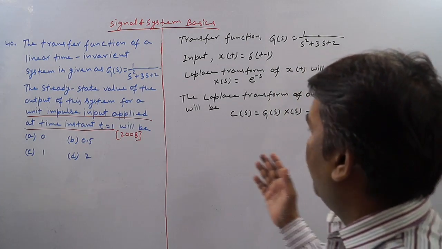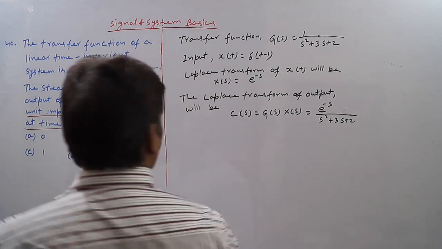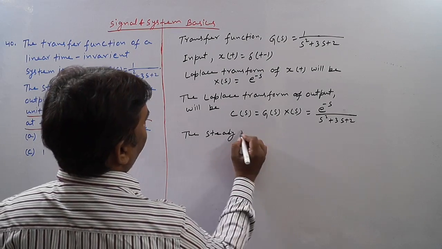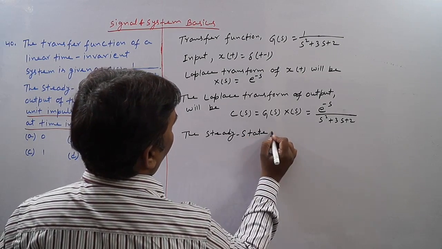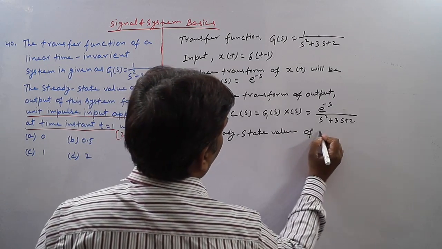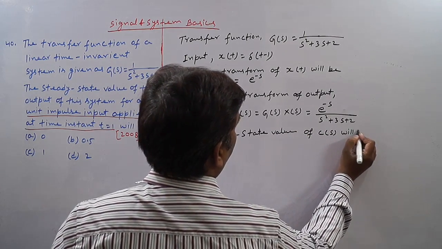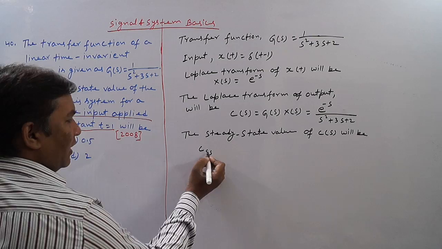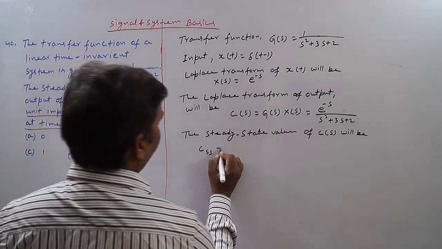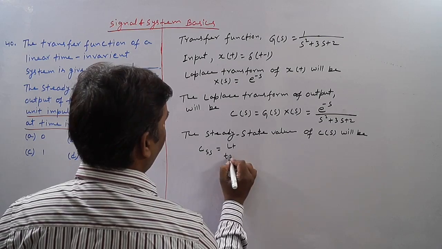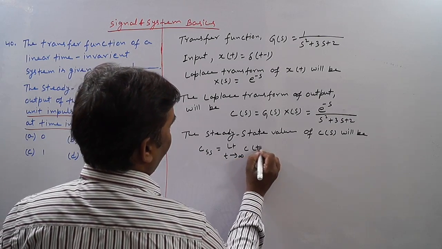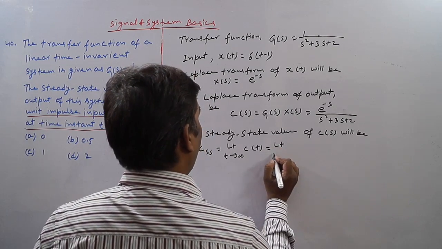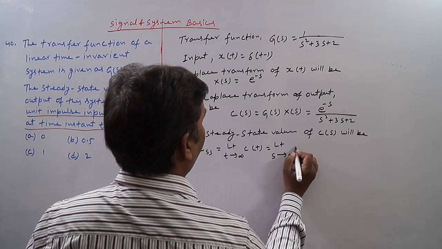So the steady state value of C(s), or we can say output will be c steady state, that will be nothing but limit t tends to infinity C(t), and if we apply the final value theorem, then it will be limit s tends to 0 s C(s).